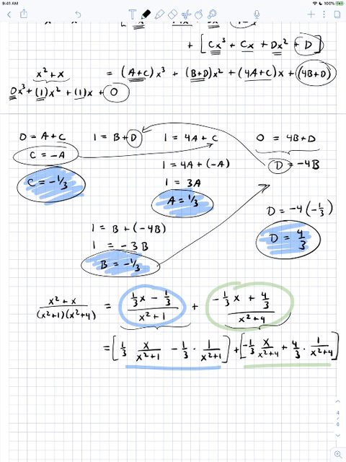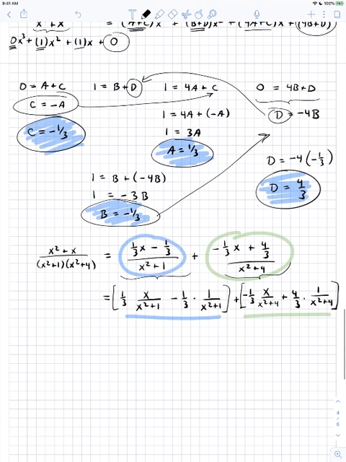So now we have a total of 4. But what's great about this, we can integrate all of these. Now, you might have to do some substitution along the way, like right there, you'll have to do substitution. This one is not so bad. That's an arctangent of x, or at least the antiderivative is arctangent of x.